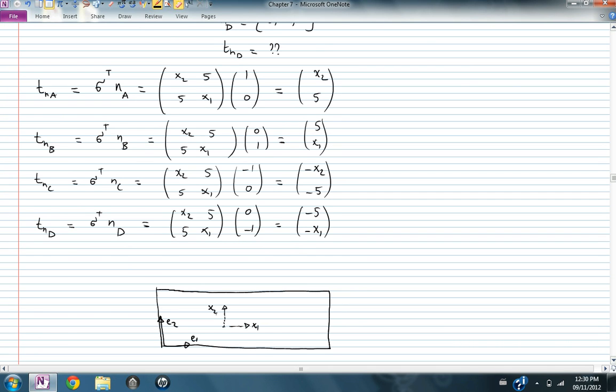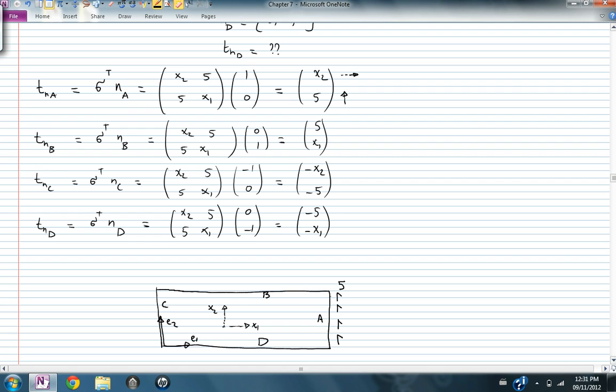So this is the boundary A, this is the boundary B, this is the boundary C, and this is the boundary D. On the boundary A, the stress is equal to x2, 5. x2 is the horizontal component, 5 is the vertical component, which means that the stress acting on this boundary looks like this, 5, and the horizontal component is equal to x2.